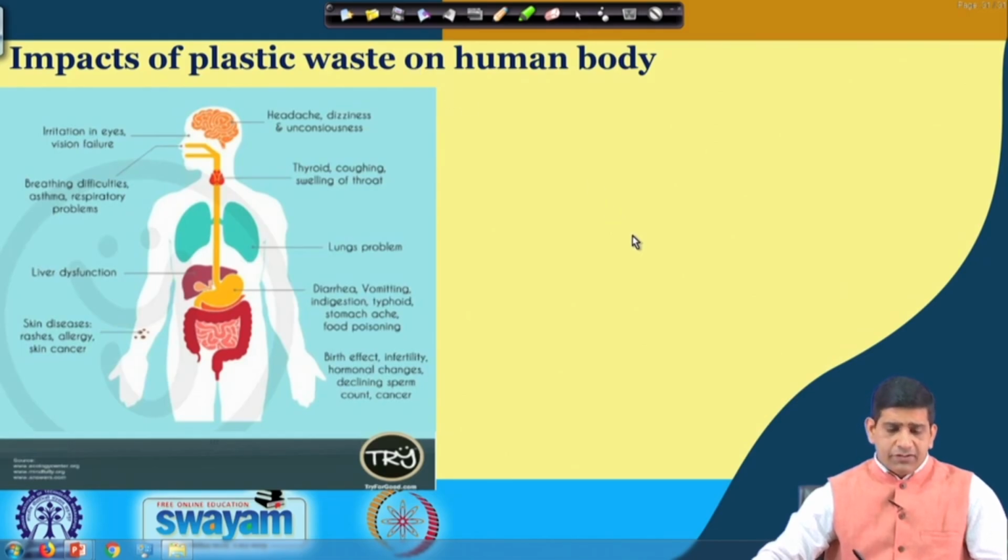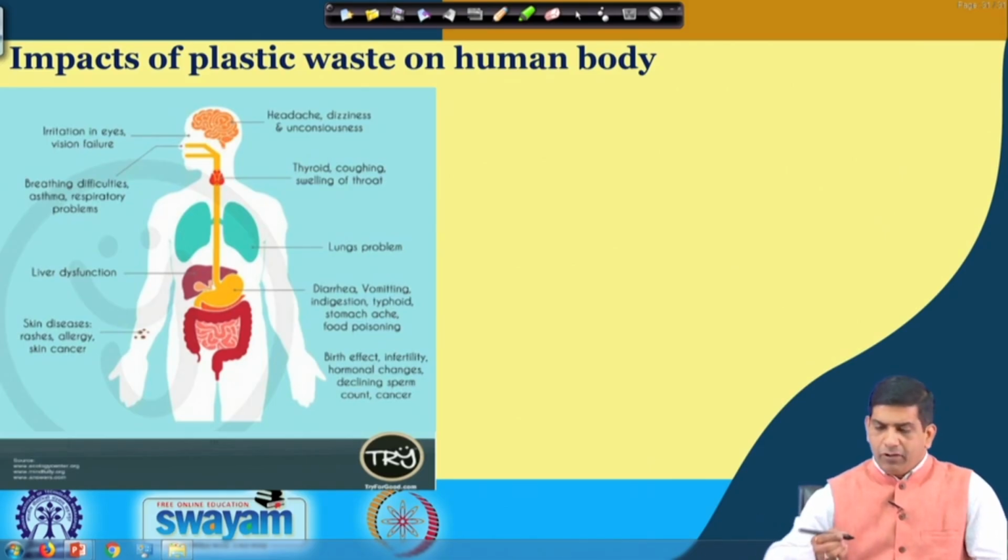So, if you look at the impact of plastic waste on the human body, it can create headache, based on the different chemicals we just looked into, which are there in different types of plastic. It can create headaches, dizziness, unconsciousness.